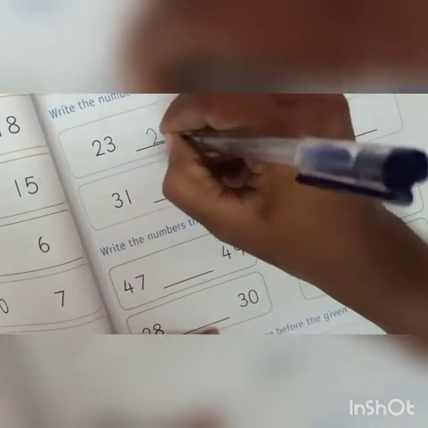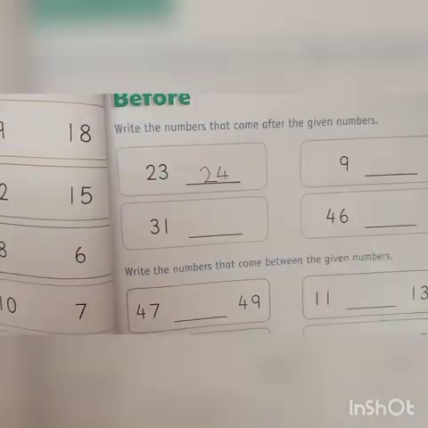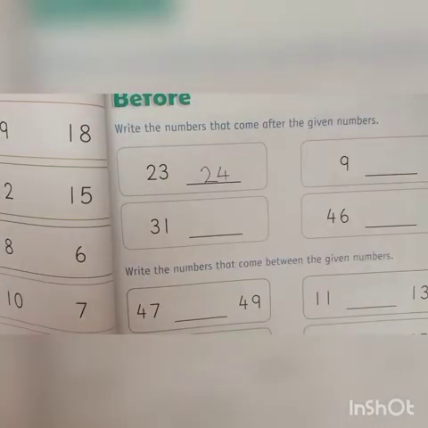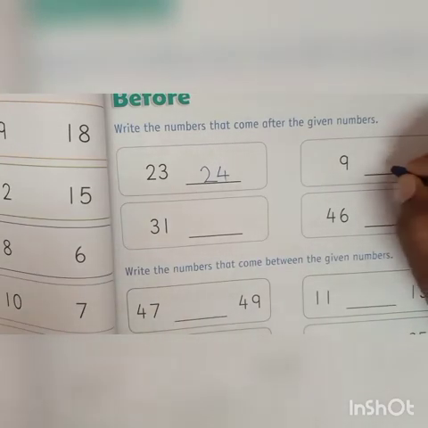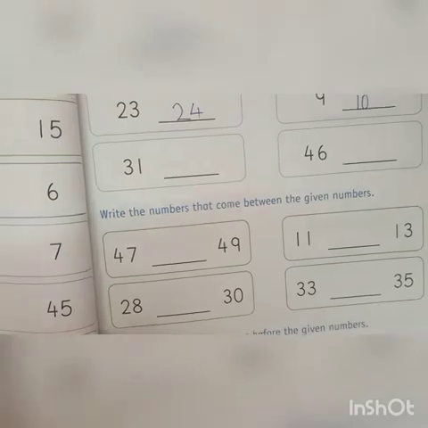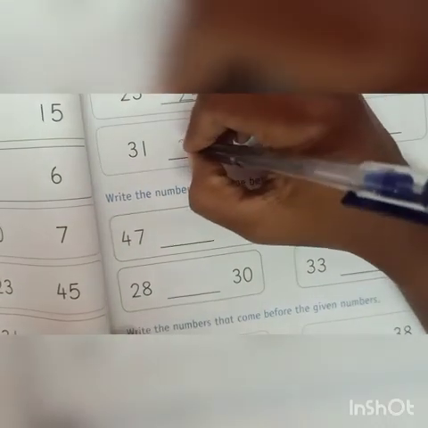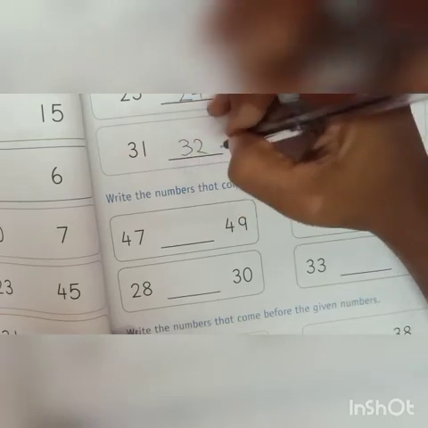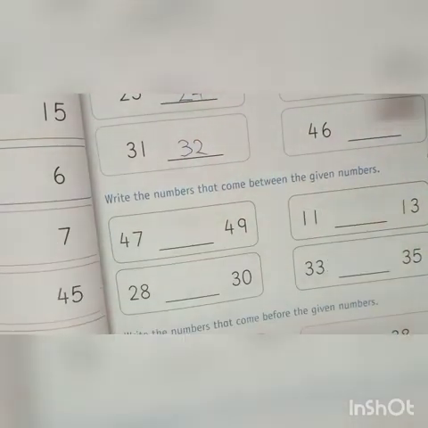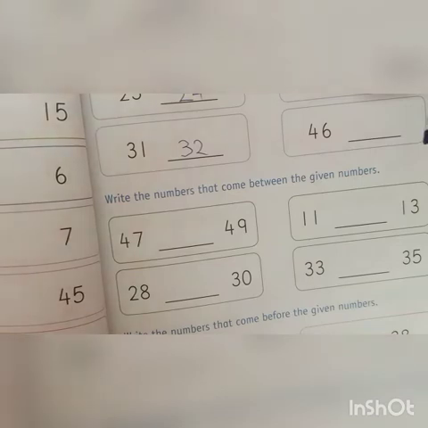So write down here 2 and 4, 24. Which number is after 9? 1, 0, 10. Which number is after 3 and 1, 31? 3 and 2, 32.